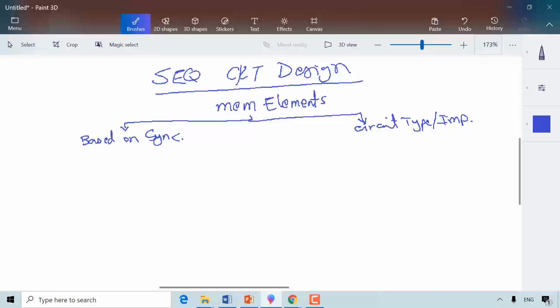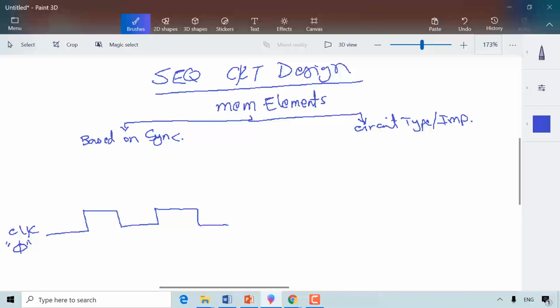So this is the clock signal. In your textbook, they like to refer to it as phi. That's fine. It is a clock.